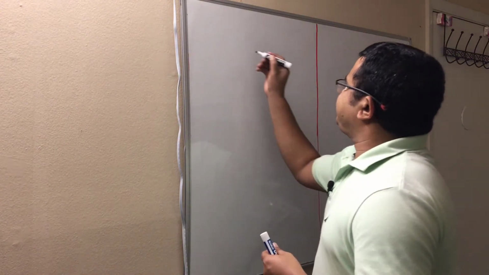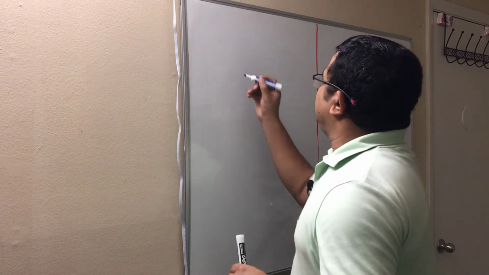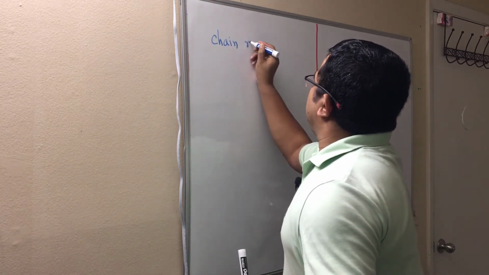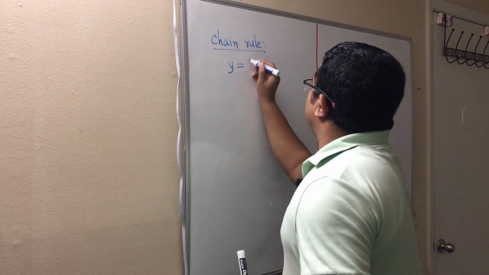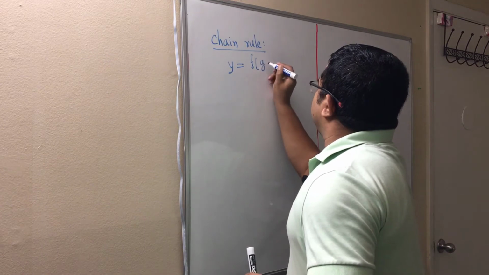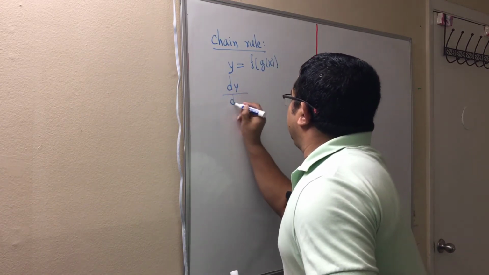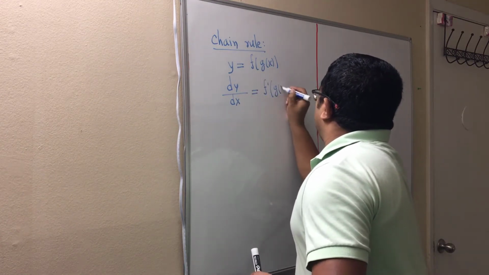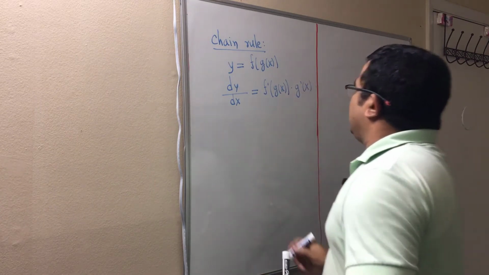We know the chain rule is: if you have two functions f of x and g of x, and y equals f of g of x, then dy over dx is f prime of g of x times g prime of x.